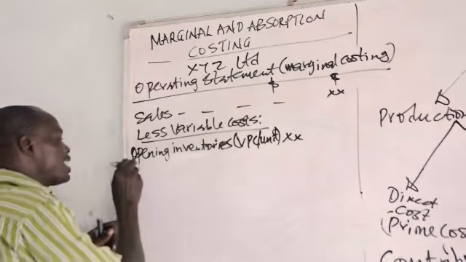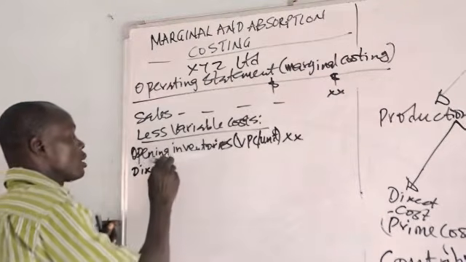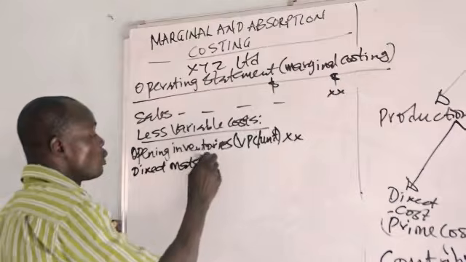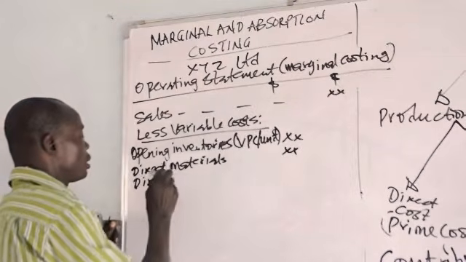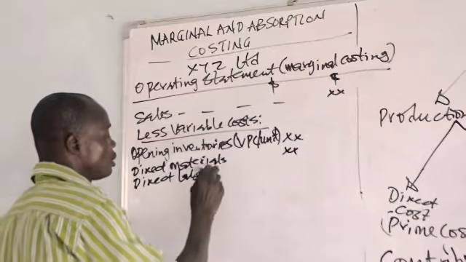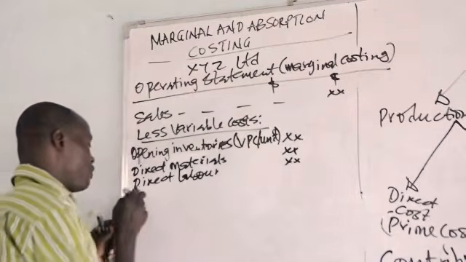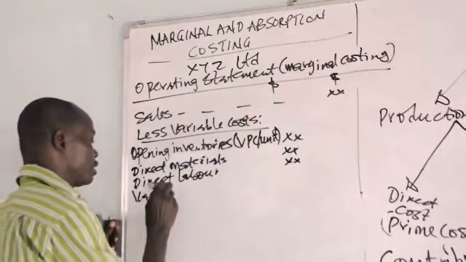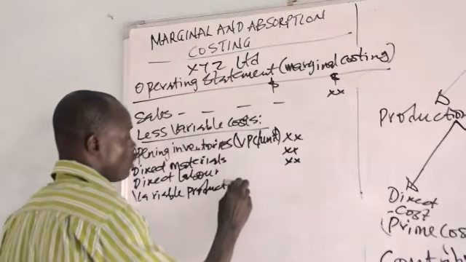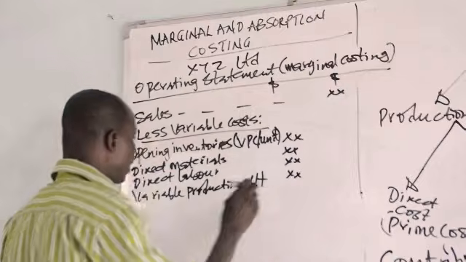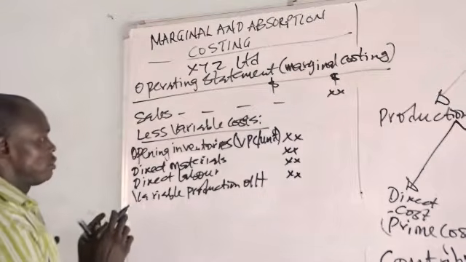Then you also have direct materials. This is also a variable cost. Direct labor, you have variable production overheads. All these costs I've considered, they are all variable.